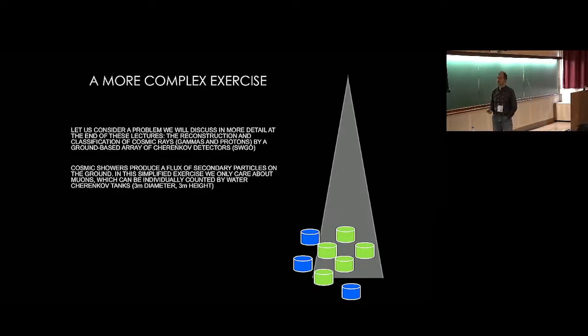But the problem here is to, first of all, reconstruct the direction of a shower, the point where it hit the ground. Of course, these things come at any angle, so there will also be two angles, a polar and an azimuthal angle, that tell you where from the sky the cosmic ray seems to have come from. And then, of course, the particle also has a specific energy. The more energy, the more particles get on the ground.